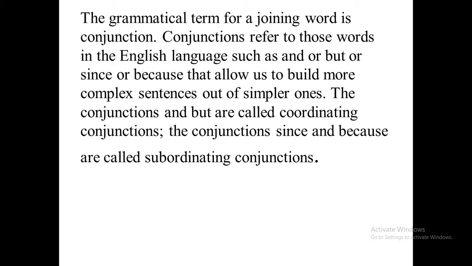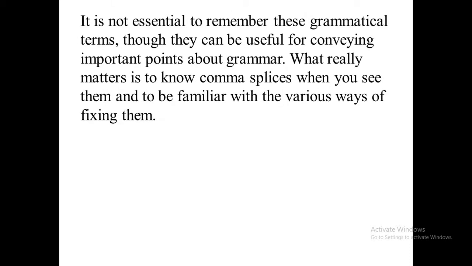The conjunctions since and because are called subordinating conjunctions. It is not essential to remember these grammatical terms, though they can be useful for conveying important points about grammar. What really matters is to know comma splices when you see them and to be familiar with the various ways of fixing them.